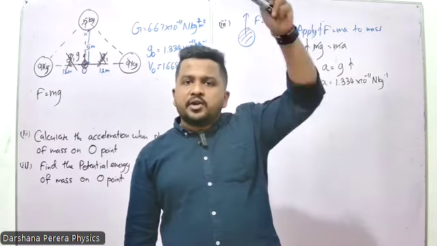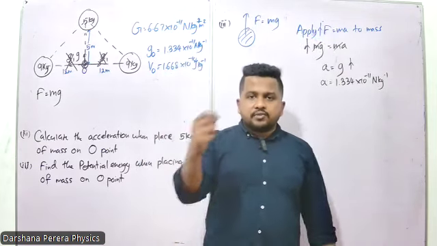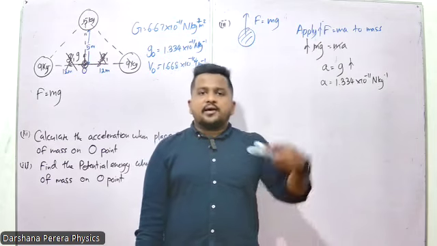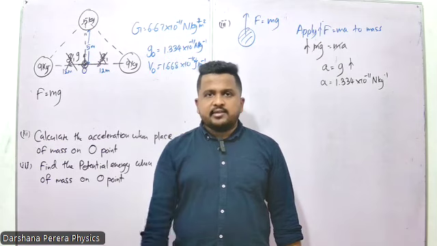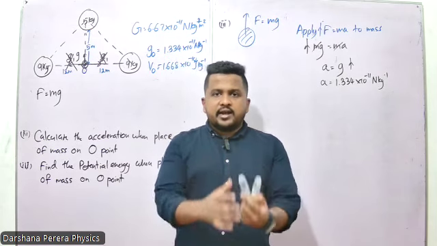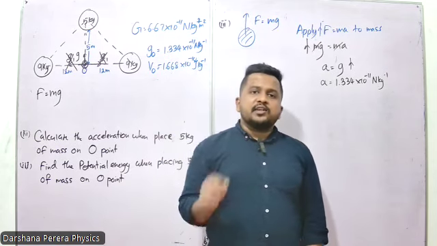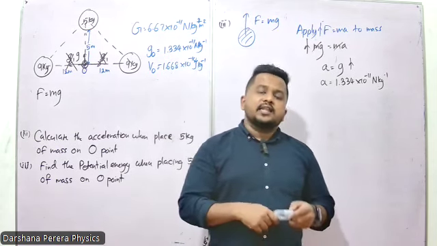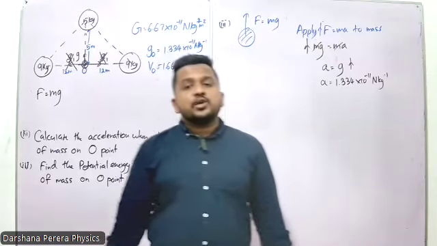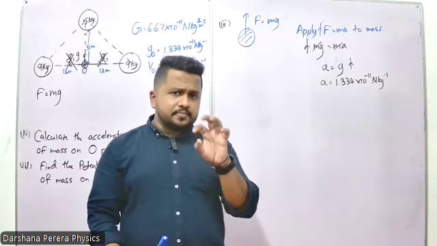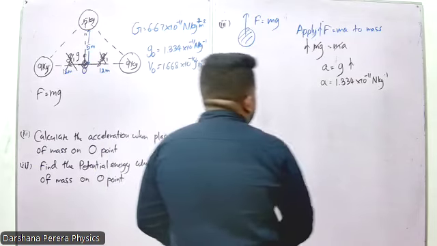When you apply F equals ma in the downward direction, our mass acts as a weight, mg. Therefore, when we apply F equals ma to our body, the acceleration acting on our body equals the gravitational field intensity. That means g can be given as 10 N kg^-1 or as 10 m s^-2, the gravitational acceleration, because the field intensity is like that, right? So this is the answer.